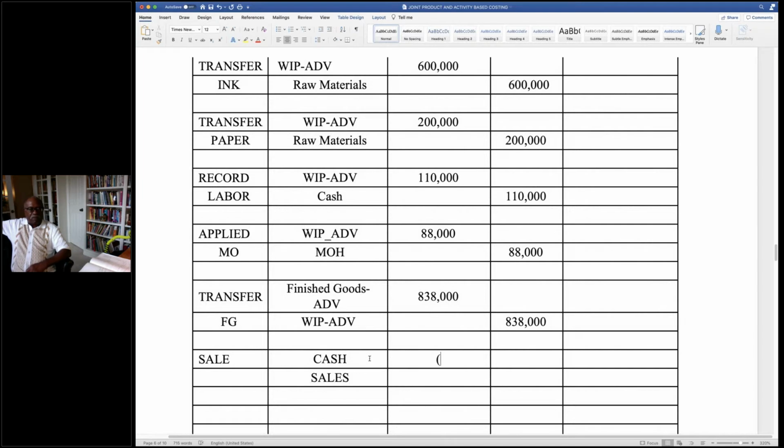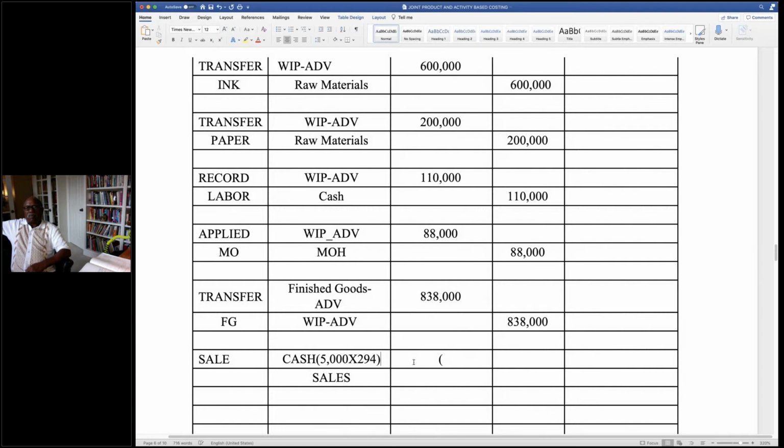Okay, so we're going to multiply the amount of books they sold, which is 5,000, by their selling price. The selling price for the advanced book is $294. So 294 times 5,000 is $1,470,000.